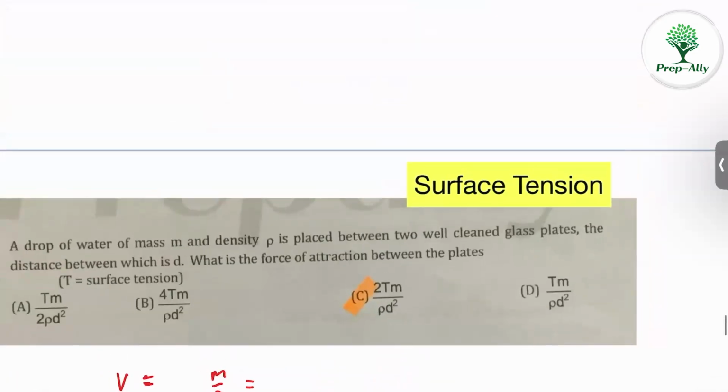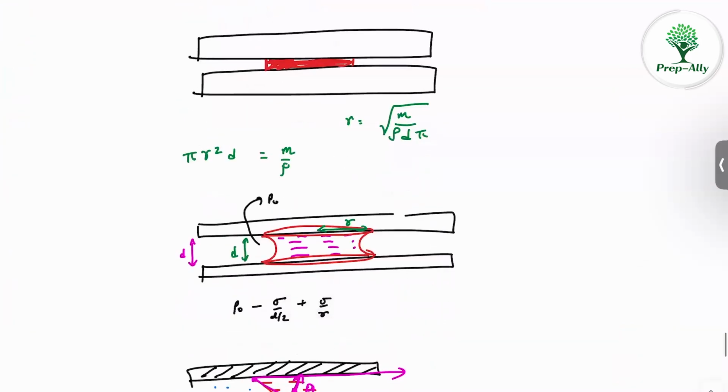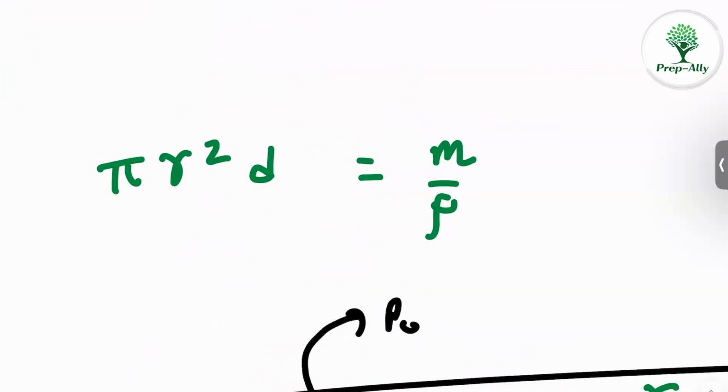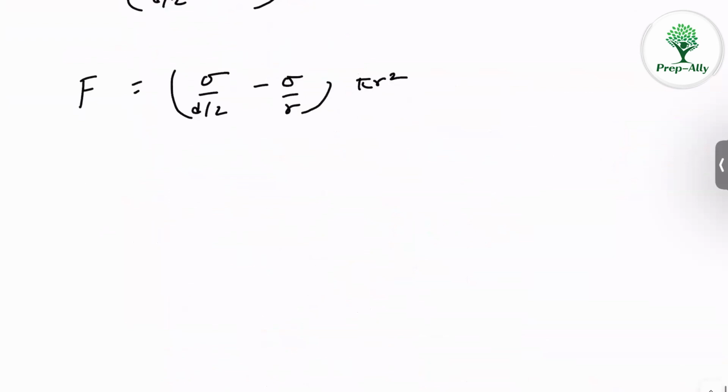It is the atmosphere which is pushing them. R square is m divided by pi rho d, m by pi rho d is R square. I'll write it as.